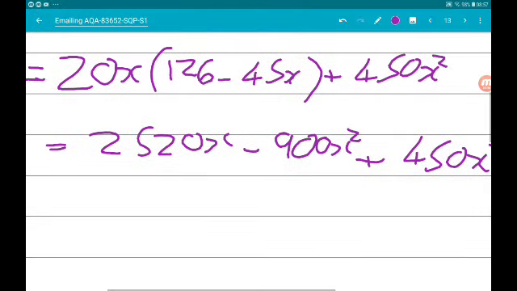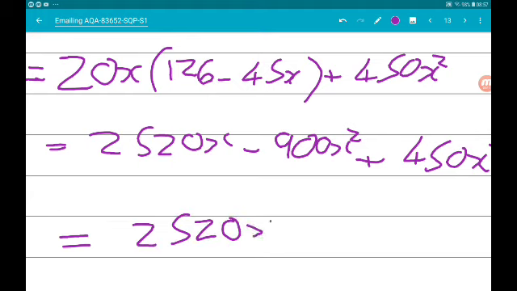So this does indeed simplify to 2520x minus 450x squared.